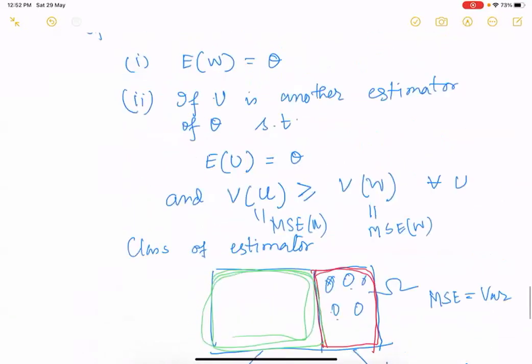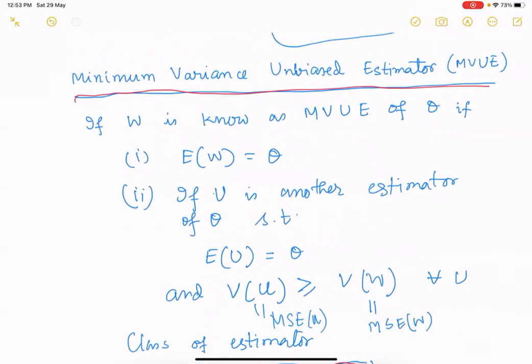So that is why in machine learning, people are saying that the minimum variance unbiased estimator is anyway reducing mean square error.